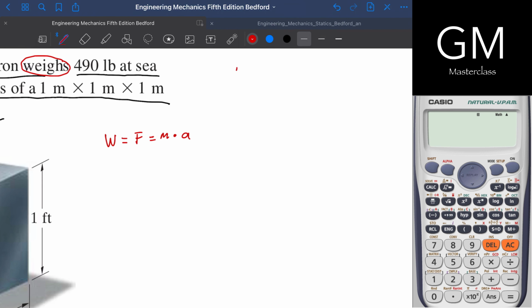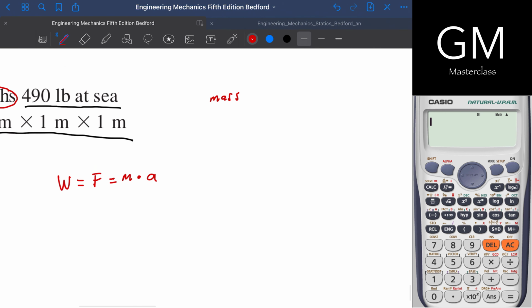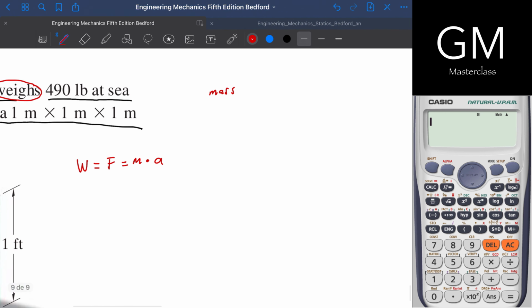When we talk about a mass, then we have two different options: US customary units, actually the whole name would be US customary base units, and the international system units.